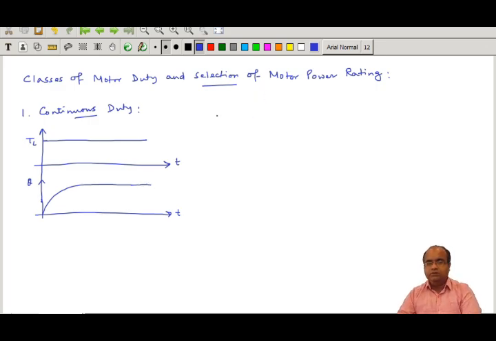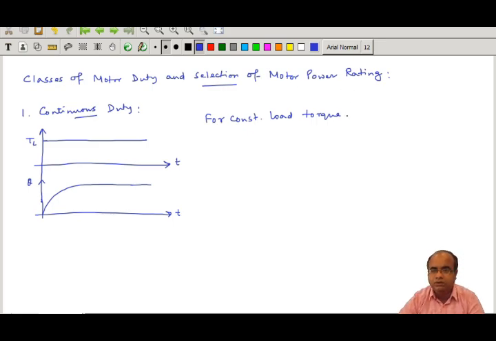Now different kinds of continuous motor operation will be there, that is for constant load torque. Previously we discussed when the equivalent inertia and torque are considered, the motor can drive linear motion of the load as well as rotational motion of the load.